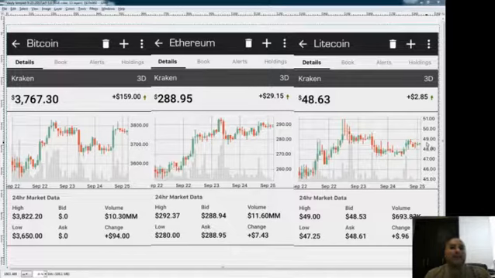What will be the equal gain for Bitcoin to go up? It will have to go from 4,000 to 8,000. So from 40 to 80, from 4,000 to 8,000.